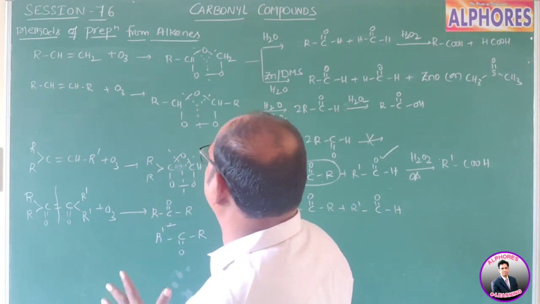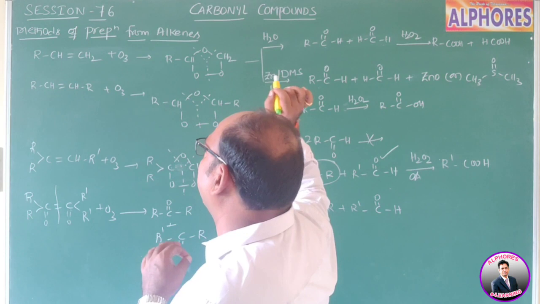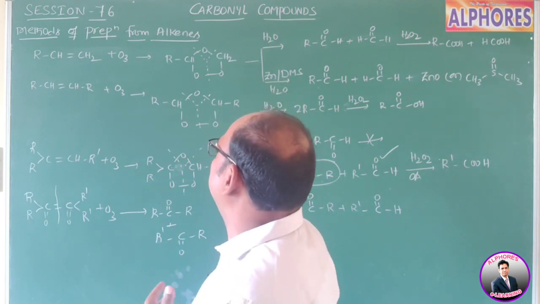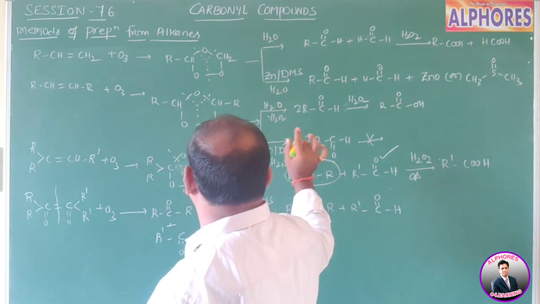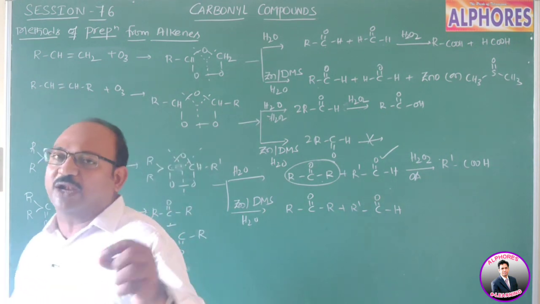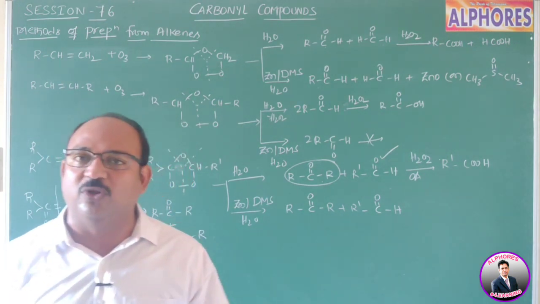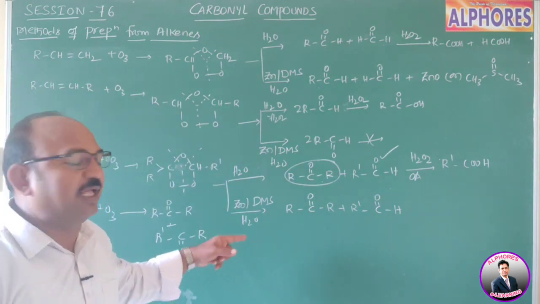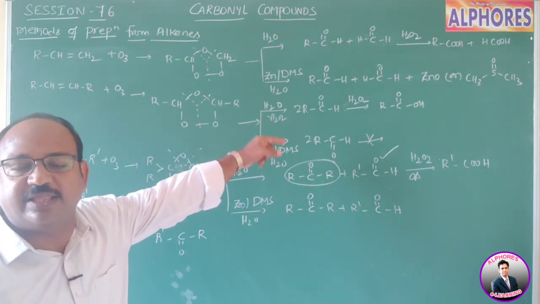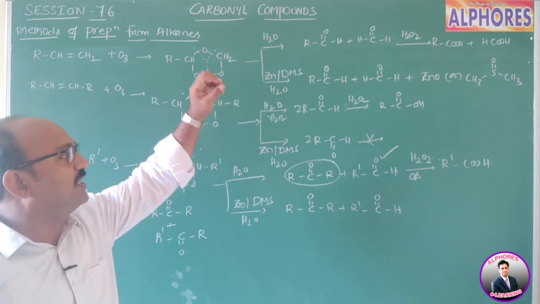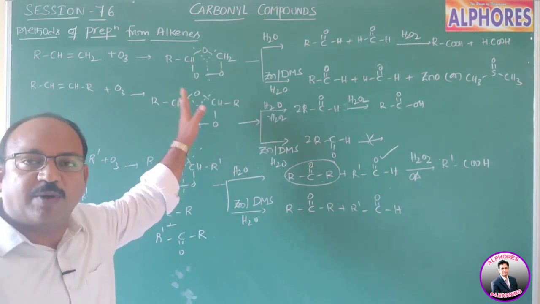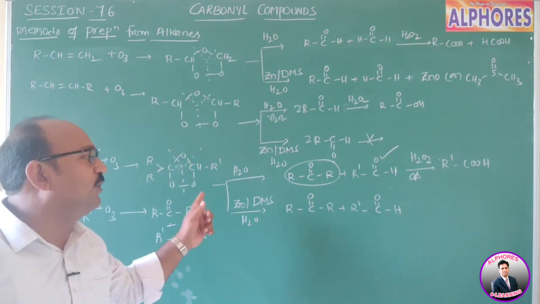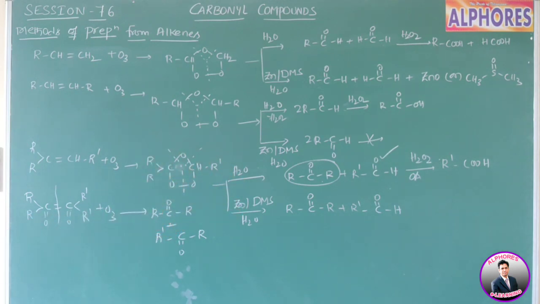Means simply, whether it undergoes further oxidation in the absence of a reducing agent, you can know very easily. If the formed products are aldehydes, then in the absence of a reducing agent, they easily oxidize and convert into carboxylic acid. If the formed products are ketones, they do not undergo any further oxidation.